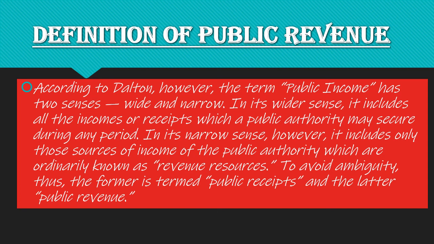In its narrow sense, however, it includes only those sources of income of the public authority which are ordinarily known as revenue resources. To avoid ambiguity, the former is termed public receipt and the latter public revenue.